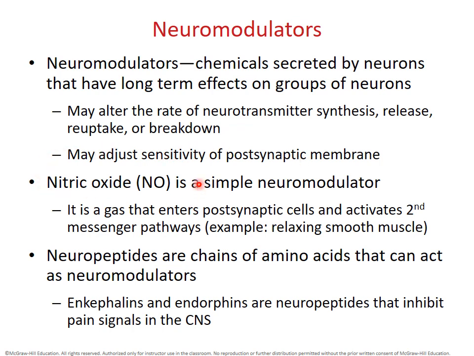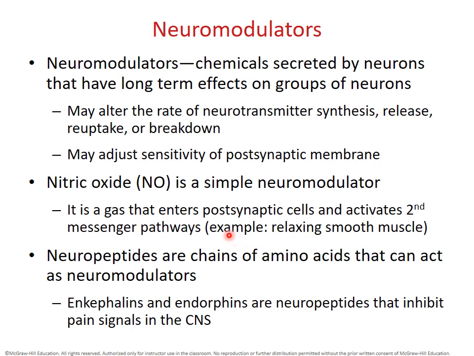And you may recall we listed nitric oxide as a neurotransmitter earlier. We said a gas, a metabolic gas that can function like a neurotransmitter. Perhaps it would have been better to talk about it as a neuromodulator, one of these neuromodulators. Again, it's produced normally as a metabolic product of cells, but in this case, in this vicinity, it can enter postsynaptic cells and activate second messenger pathways just like a neurotransmitter would.